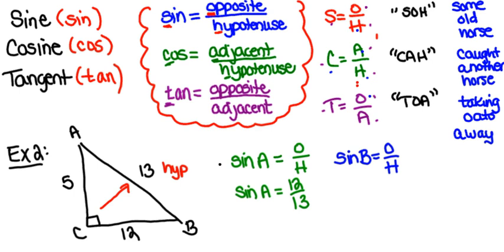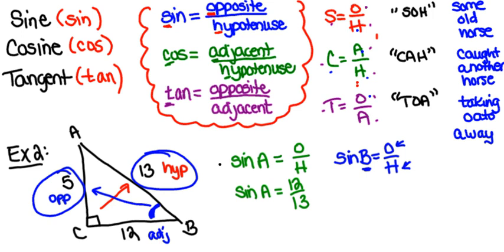So now I have to go to my picture and find angle B. Angle B is my reference angle. So for angle B, the opposite is 5 and the adjacent is 12. We want to compare opposite over hypotenuse. So the sine of angle B is going to be 5 over 13.